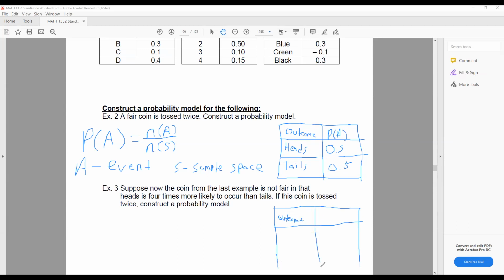P of A, probability of heads and tails. Those are 2 different events. This is kind of like A1 and A2, I guess. So I'm just going to put H because it's hard to write with the mouse.